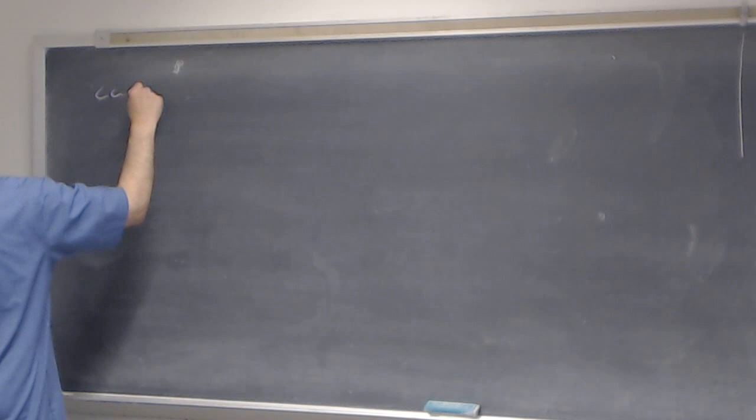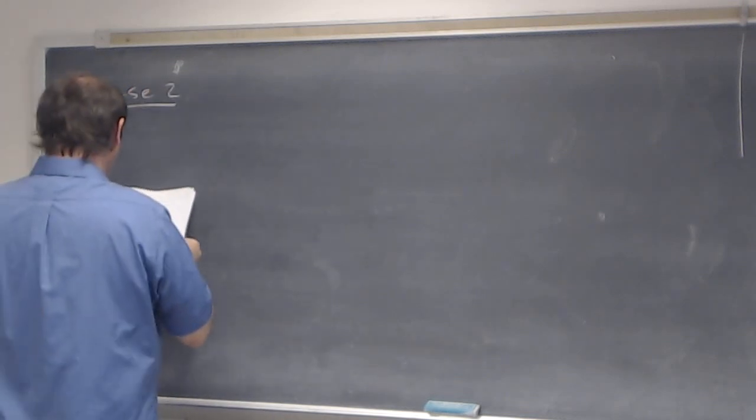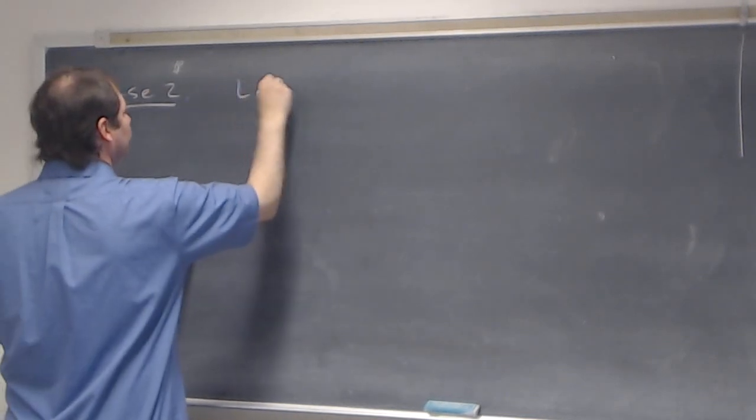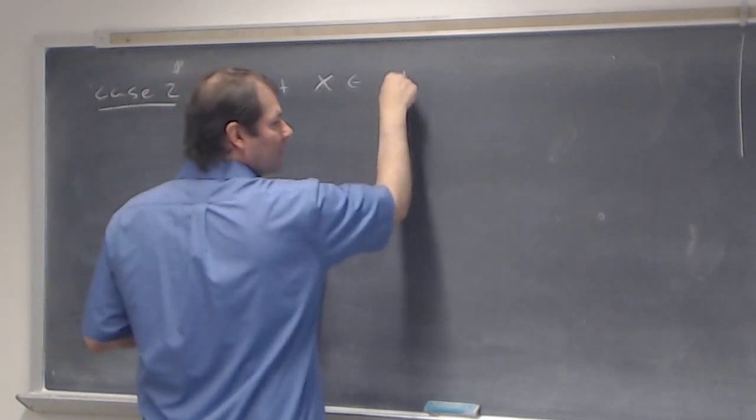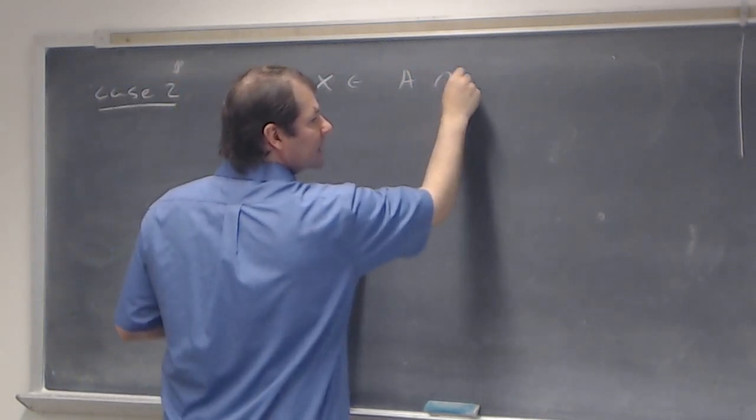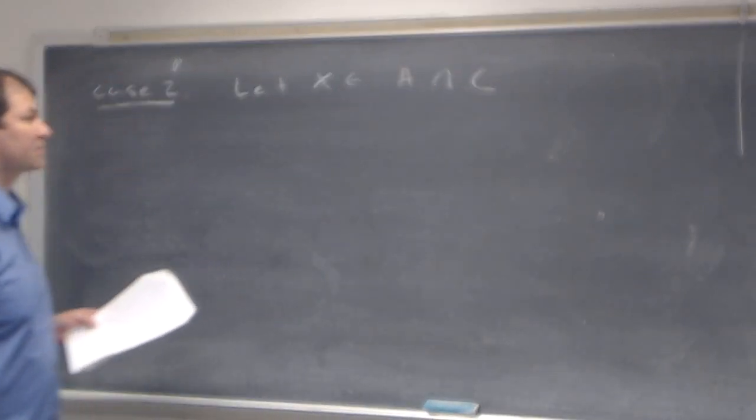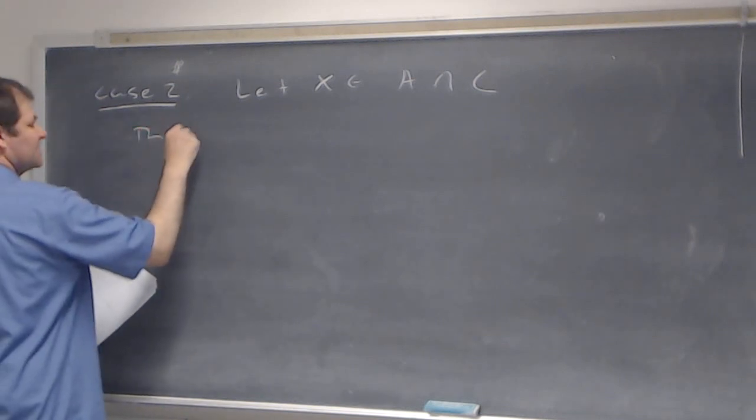So X is an element of A intersect B union C, because it's in A and it's in B union C. Now for case 2, if we let X be an element of A intersect C, second case we could have, then similarly, it's the same thing.